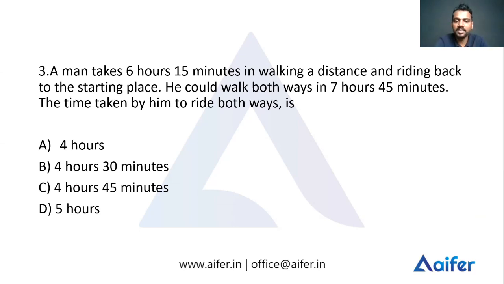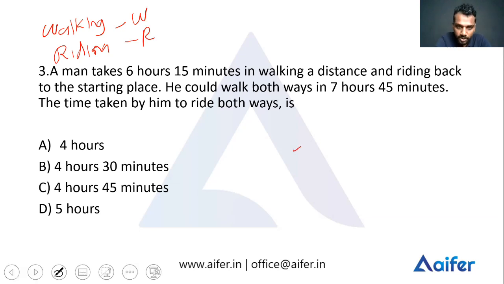Okay, so let's consider walking as W and riding as R. A man takes 6 hours 15 minutes walking a distance and riding back, which means one side walking plus one side riding.